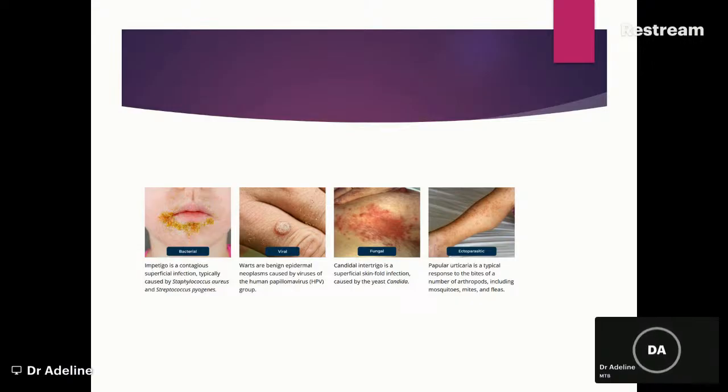Warts are usually benign conditions, and these are caused by HPV viruses. The other condition most commonly seen in the fungal category is candidal intertrigo, which usually occurs in the skin folds where there is more sweating and moisture, and this is usually caused by Candida. Another, ectoparasitic, example is papular urticaria, which is the response of the body following any bites from arthropods, mites, spiders or anything like that.